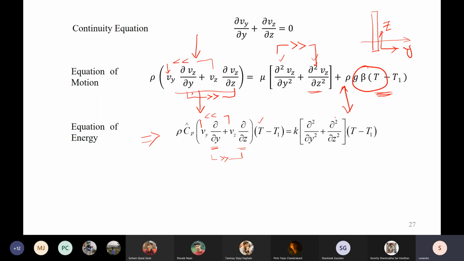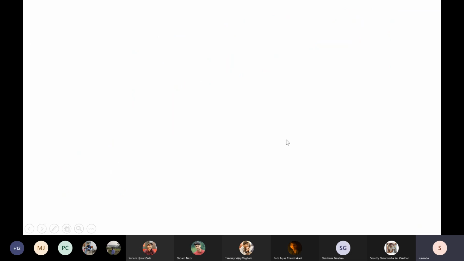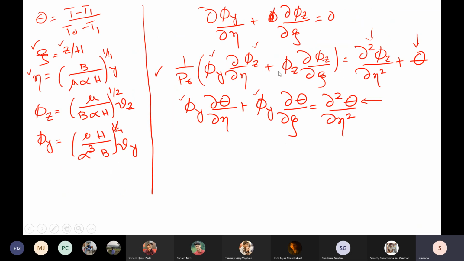Which essentially tells me that both of these terms in the equation of motion and equation of energy can be neglected, which has given rise to this expression, where everything that varies with respect to eta, that means y, has been kept, and anything that varies with z in the conductive transport of momentum and conductive transport of energy has been dropped.